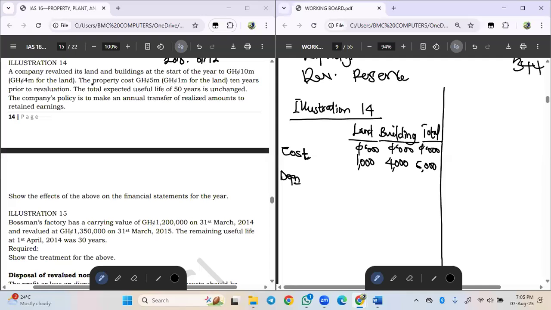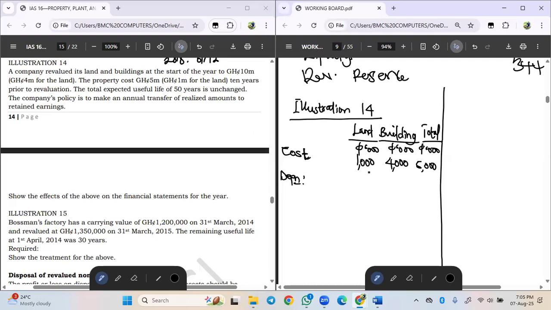That means after they acquired that particular property, they did the revaluation in 10 years' time. So we have to determine the accumulated depreciation for 10 years.